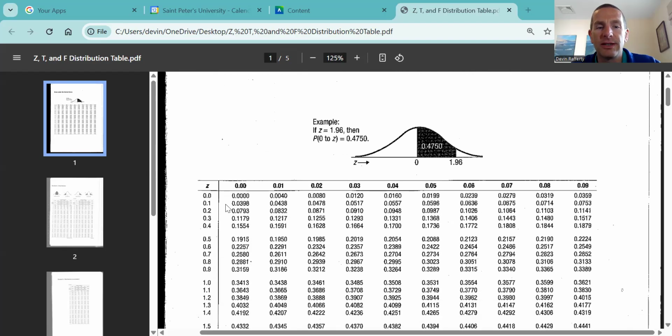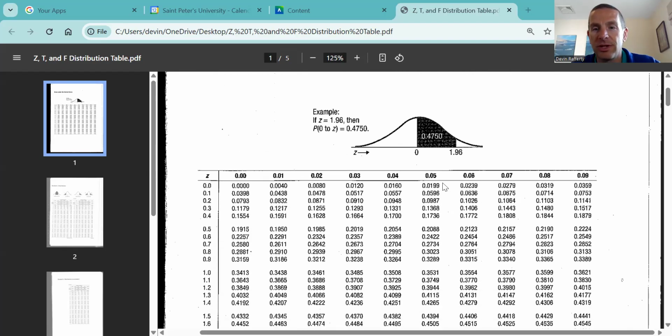And then across we have the hundredths column: 0.00, 0.01, 0.02, 0.03, 0.04, 0.05. So what you're supposed to do is separate your z-scores into tenths and hundredths. And they give you an example of how to use this at the top.